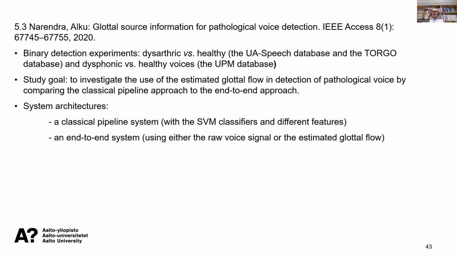We first of all used different databases, all of which were partly related to dysarthria and dysphonia. And then we investigated again whether glottal source features help for this kind of detection problem. But we were also interested to use these glottal source features not only for the classical pipeline approach, but also for the end-to-end system.